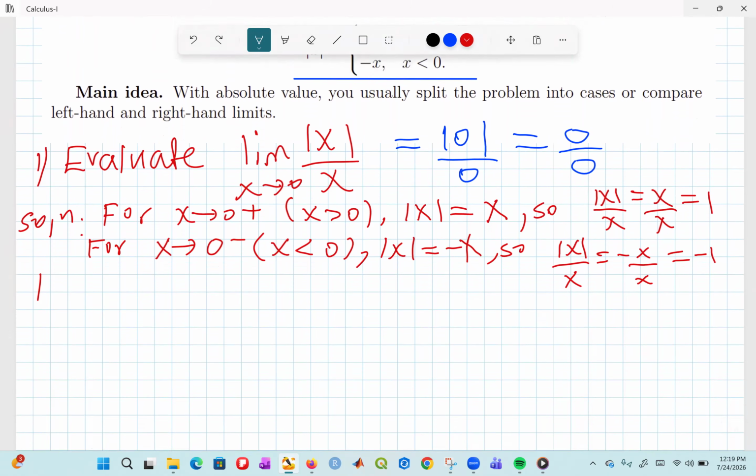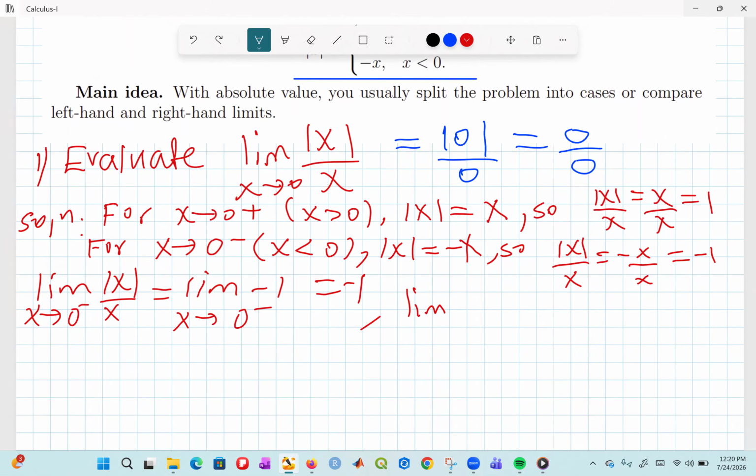This means the limit of absolute value of x over x as x approaches 0 from the left is the limit of negative 1, which gives us negative 1. And the limit of absolute value of x over x as x goes to 0 from the right is the limit of 1, which is 1.